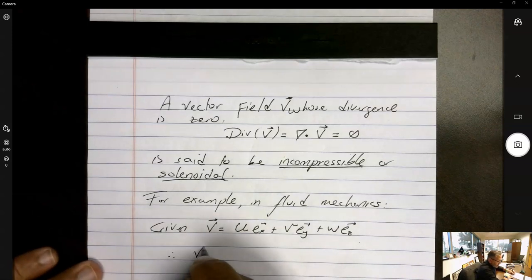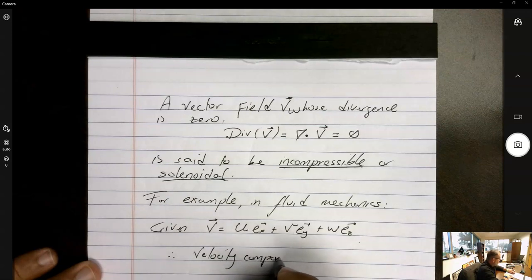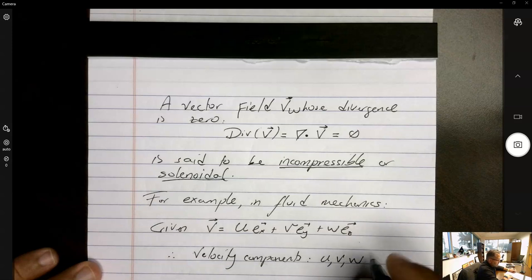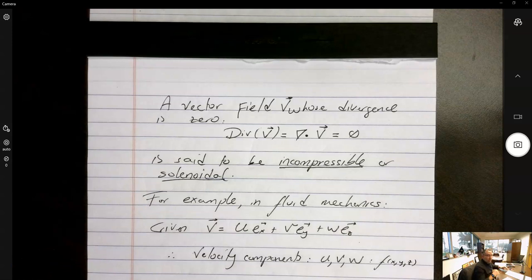Recall that the velocity components U, V, W are functions of x, y, and z, each one independent of the others. One can be a function of x, y, and z, the other one is another function of x, y, and z, and so on.